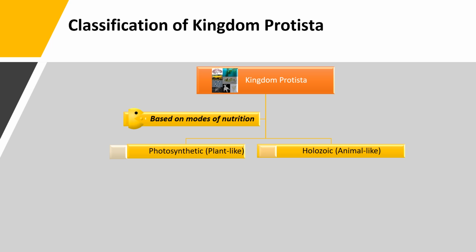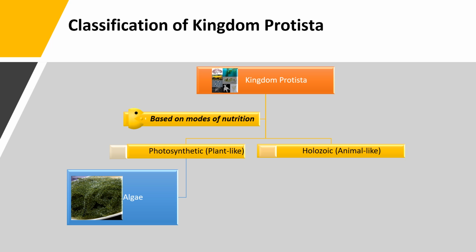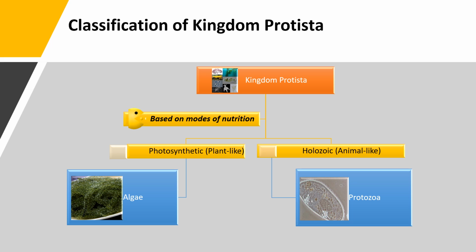And the second group is holozoic, which is also called animal-like protist. The photosynthetic or plant-like protists are classified under the group algae, whereas the protists that are holozoic are classified under the group protozoa.